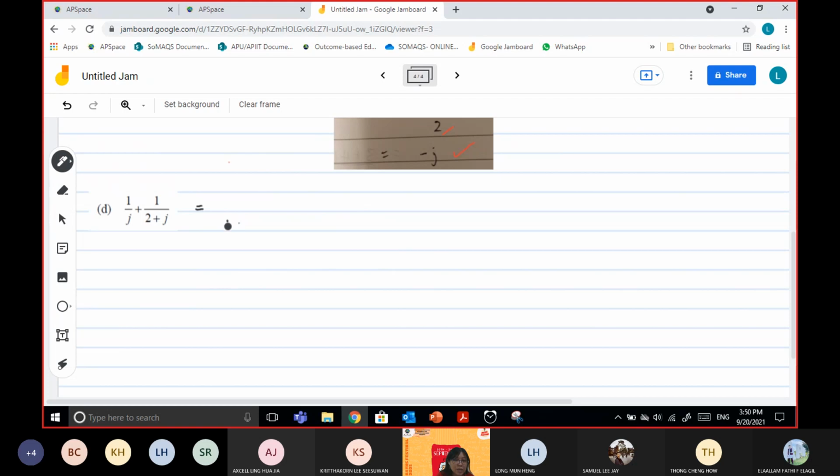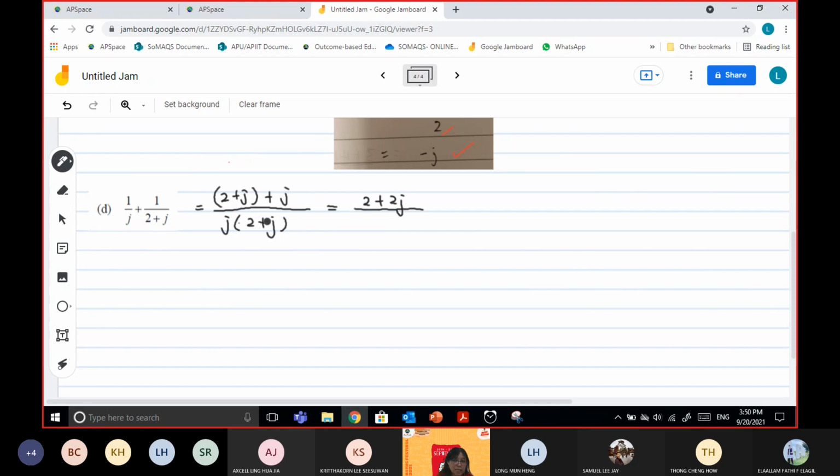So we have j multiplied by 2j for the bottom to have a common denominator. From the first fraction, I will multiply by 2 plus j. And for the second fraction, I should multiply by j. So at the top, we have 2 plus j and plus j. So the top I can simplify as 2 plus 2j.